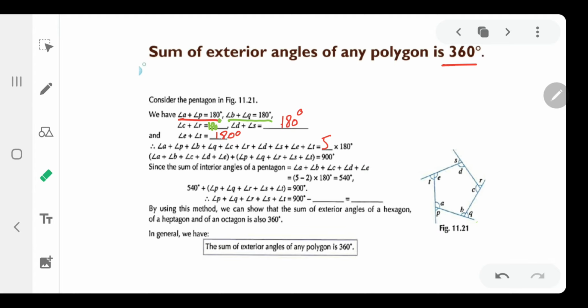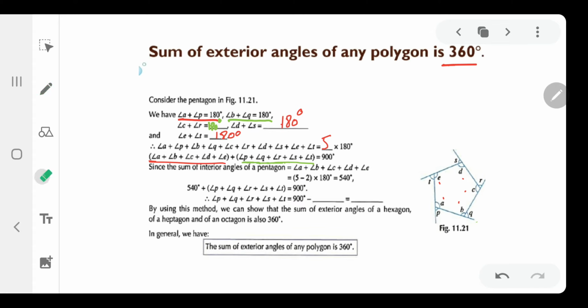Now I am more interested in finding the sum of exterior angles. All these 5 angles, A, B, C, D, E, are interior angles, so I combine them here. I have to find the sum of the exterior angles. How do we find the sum of interior angles?